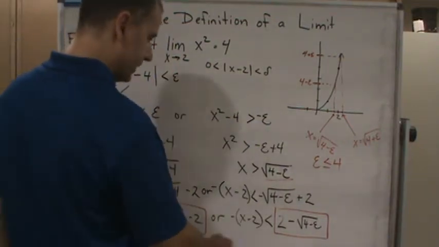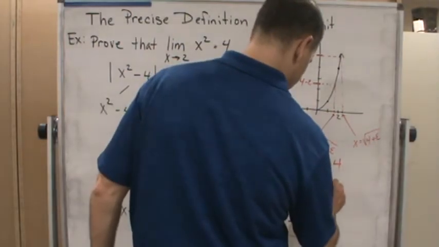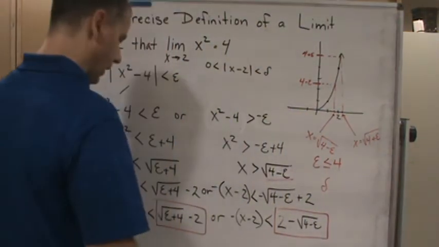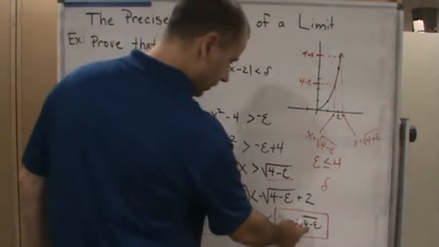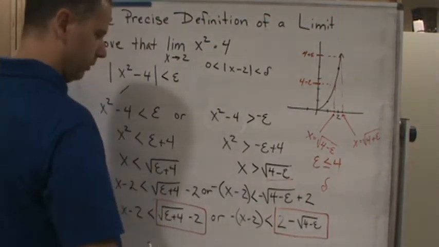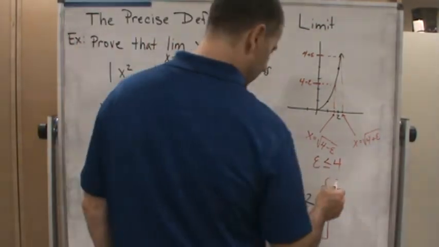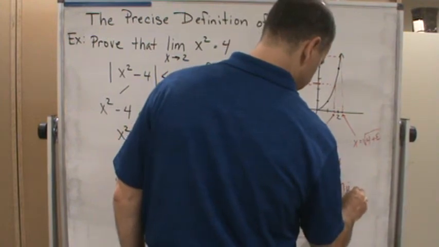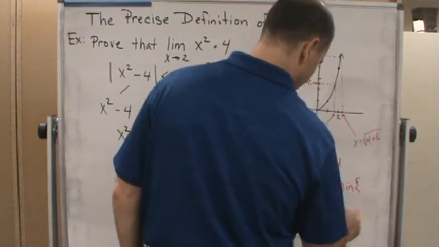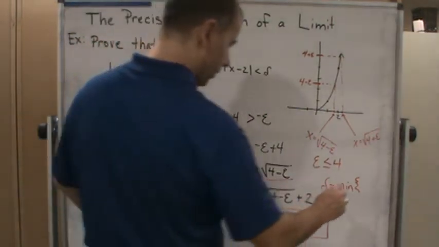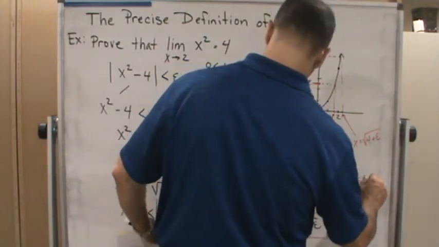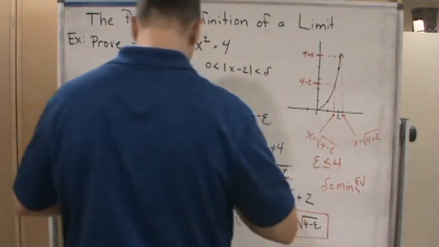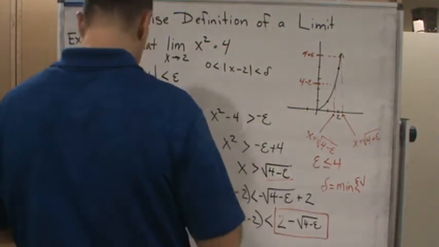We're going to make delta, then, obviously epsilon has to be less than or equal to 4, right? But also delta, we're going to choose delta to be the minimum of the set of either, let me use this. Let me go back to black. That's better.